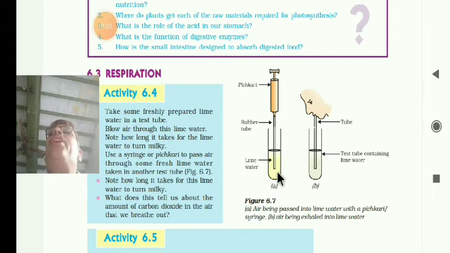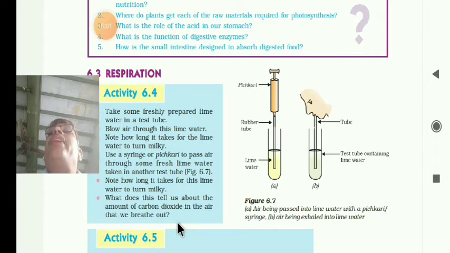So dear students, the lime water in test tube B turns milky white much earlier than the lime water in test tube A. What does this tell us about the amount of carbon dioxide in the air that we are breathing out?